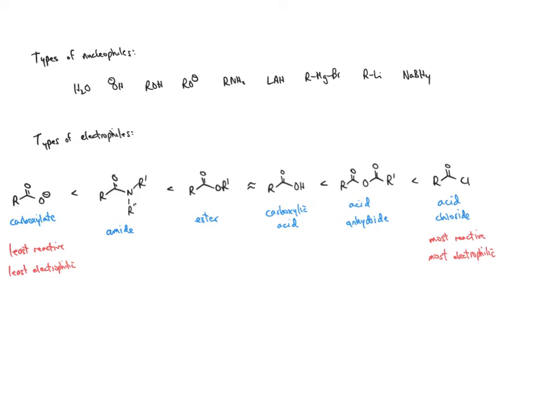And so in order to determine how much electron density is on those carbonyl carbons, we need to consider four factors: resonance, sigma donation, inductive effects, and electronegativity. So let's go through these one by one and try to think about why these particular electrophiles are more or less reactive than the others.